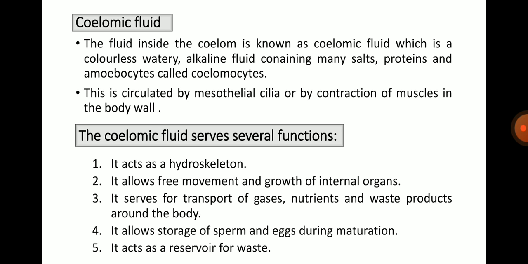To learn more about coelomic fluid, the fluid inside the coelom is known as coelomic fluid, which is a colorless watery alkaline fluid containing many salts, proteins and amoebocytes called coelomocytes. This fluid is circulated by mesothelial cilia or by contraction of muscles in the body wall.